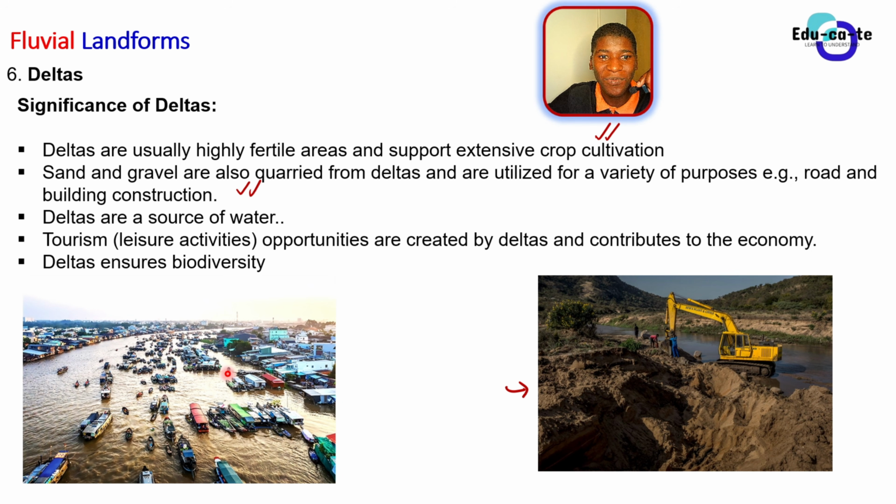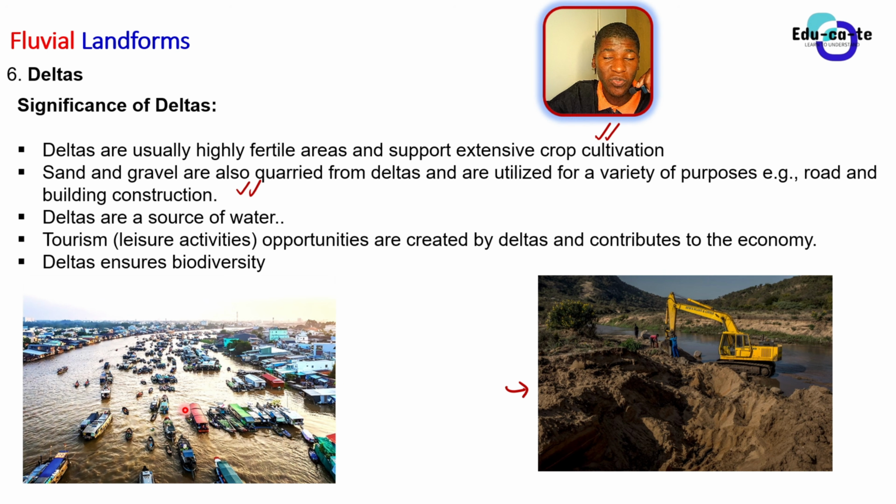They are not scared. You might say maybe there might be flooding. No, they're not scared at all. But basically, you can stay closer to a river like this. There is a great source of water, especially if there is no municipality or service provider that will give you some tap water. There is some water that is available. So deltas are a source of water.